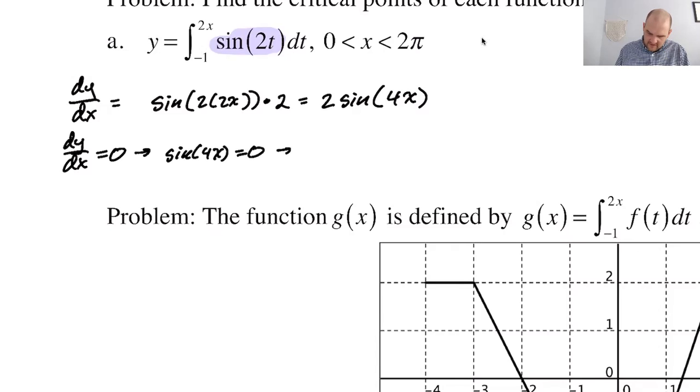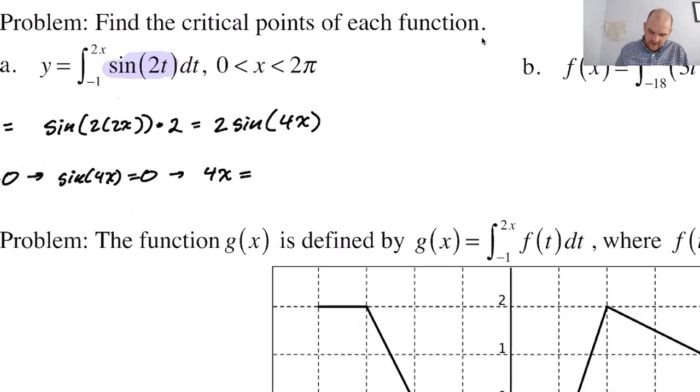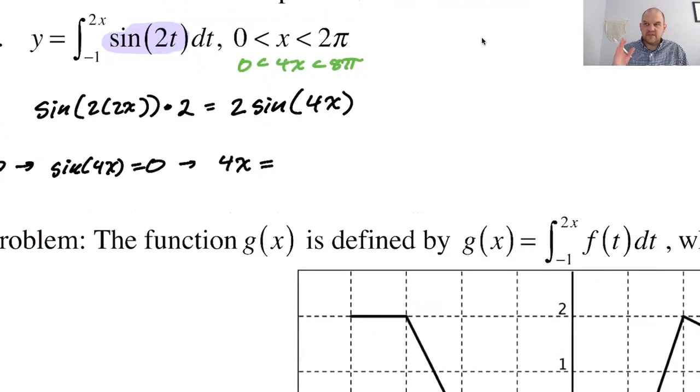So that would mean that 4x could be equal to, so if x is between 0 and 2 pi, then 4x is between 0 and 8 pi, right? Just multiply through by 4. So where does sine equal 0? Sine equals 0 at 0, I don't want to count that.